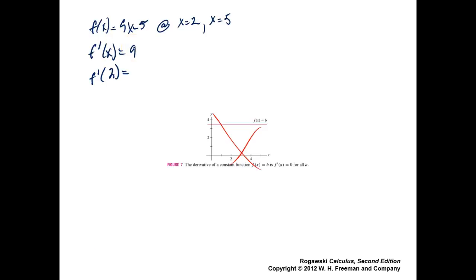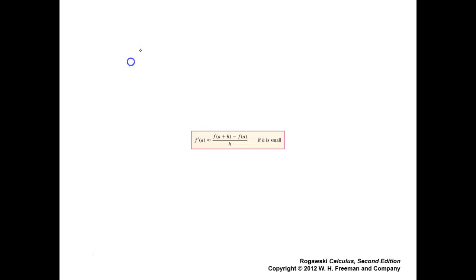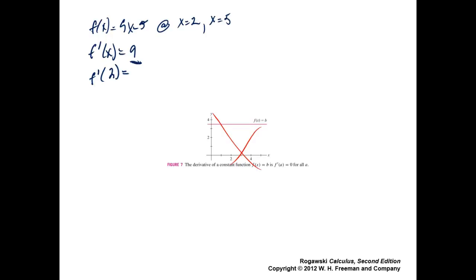It's f prime of x anywhere, whatever x value is, 9. So what is f prime of 2? 9. Okay. And what is f prime of 5? 9. Okay, very good. The derivative of a linear function is the constant slope. Whatever that slope is, that's the derivative everywhere.